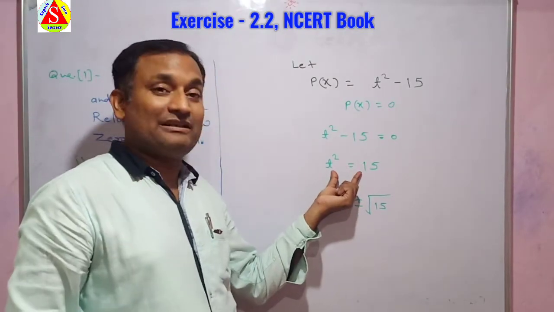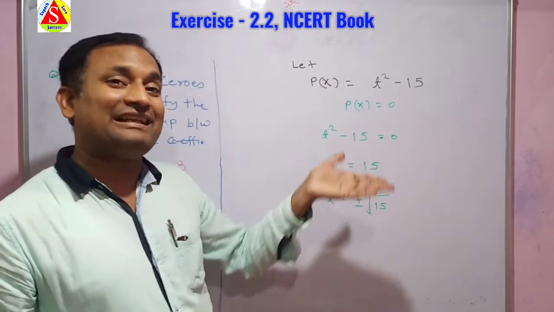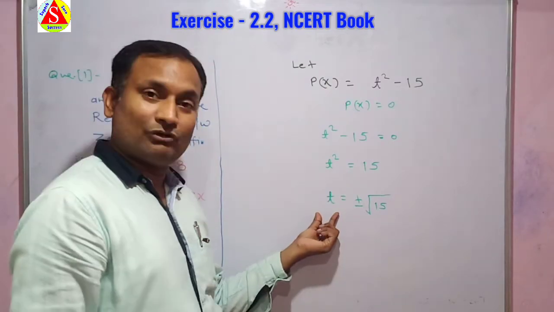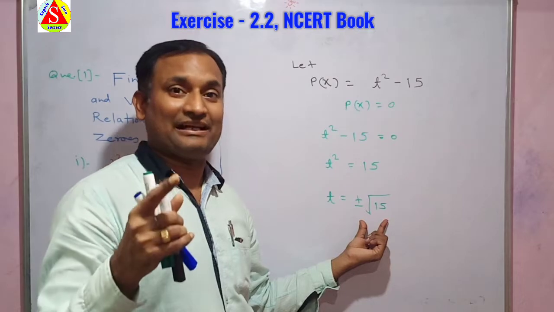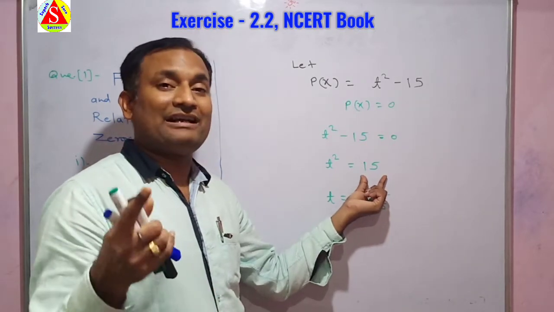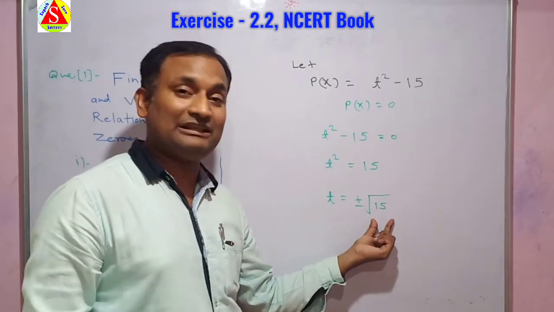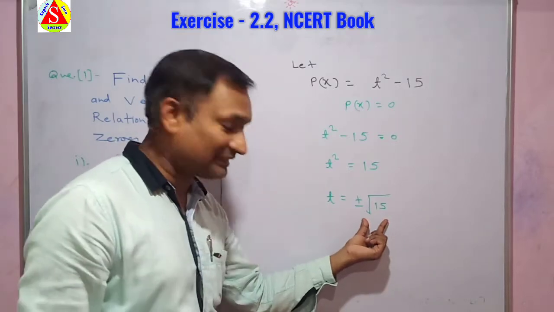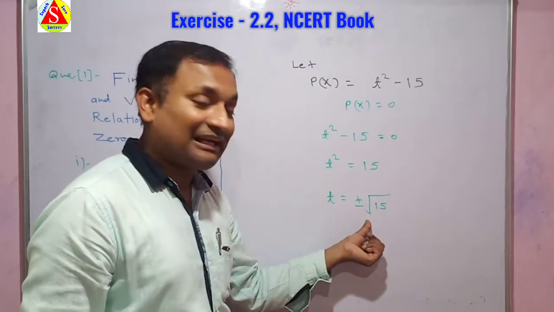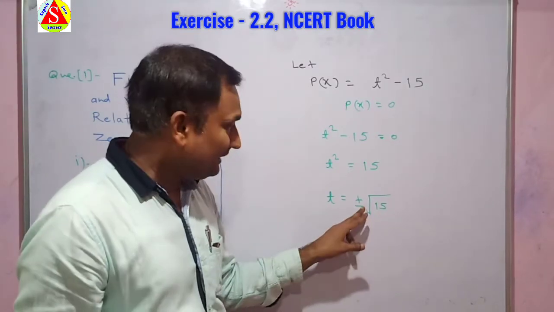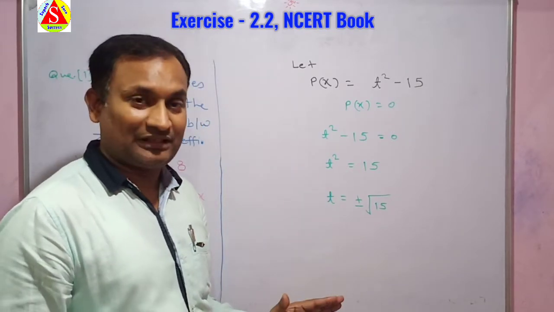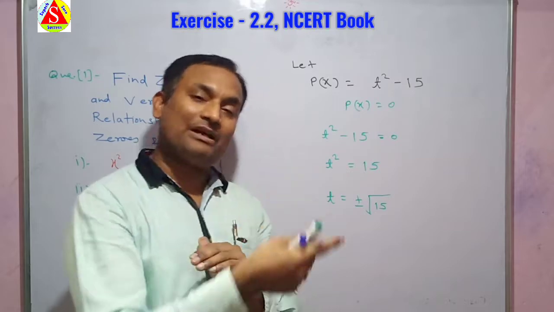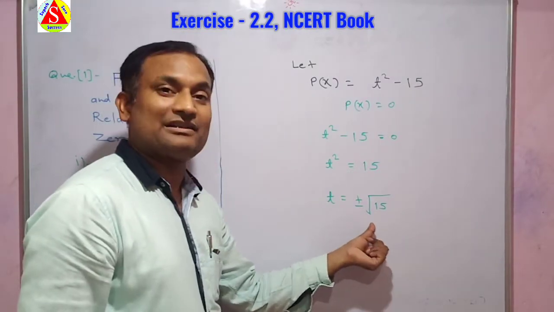Here it is given in square form, so when we take the square root, on the left side we will have t, and on the right side, because we cannot find the perfect square root of 15, it is written inside the square root. And here we have included the plus minus sign, because whenever we take the square root, we insert the plus minus sign.